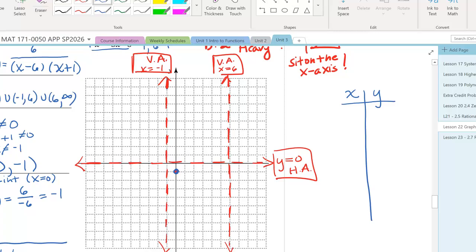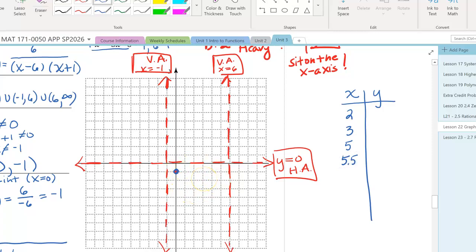So let's see, I used 3, I have a 2 and a 3 and a 5, and I even plugged in 5.5. All those are in here.